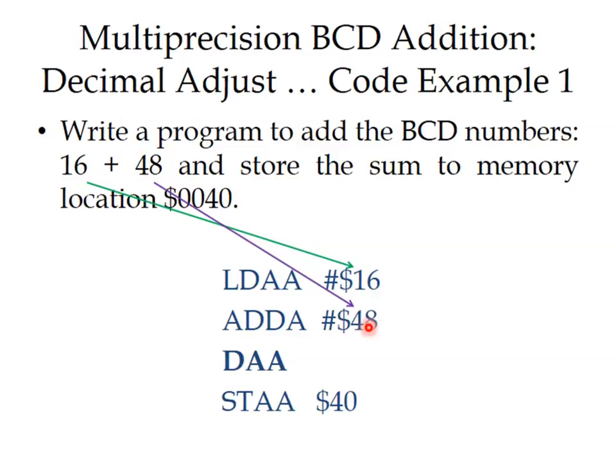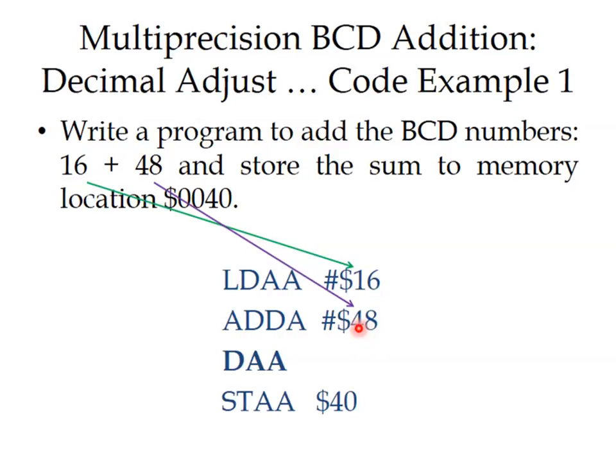So the answer is messed up, because your microprocessor is actually adding this as a hex number. Don't forget, this is a hex number, but we are assuming this is decimal, because the binary coded decimal numbers are written in hex, but assume this is a decimal number.